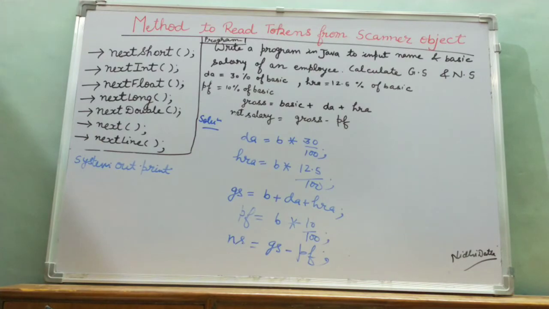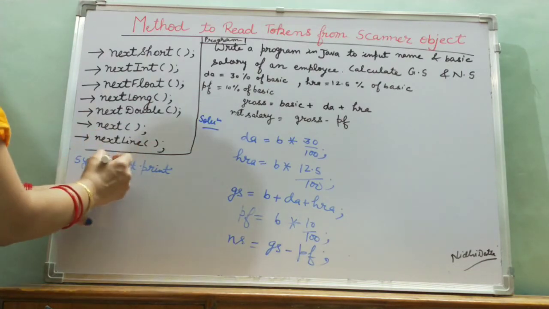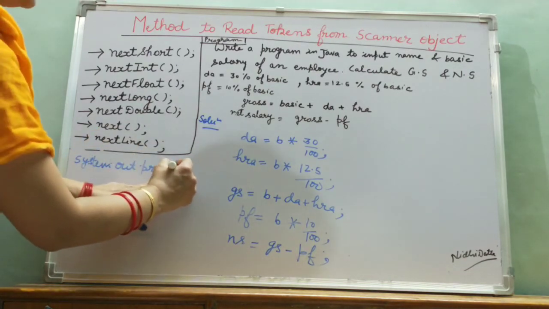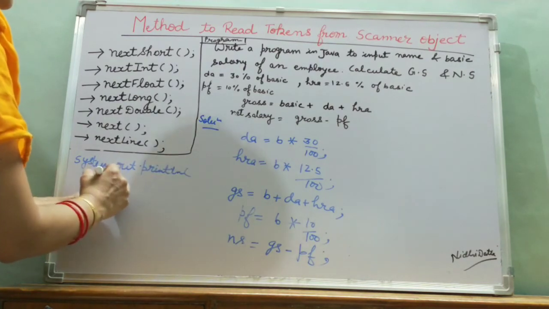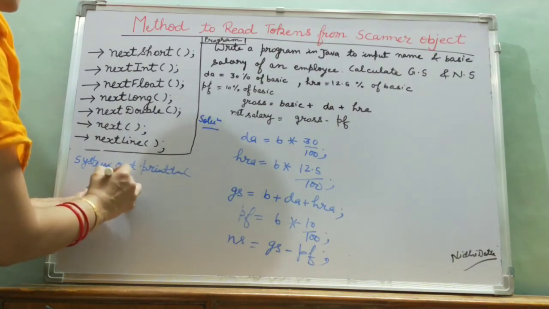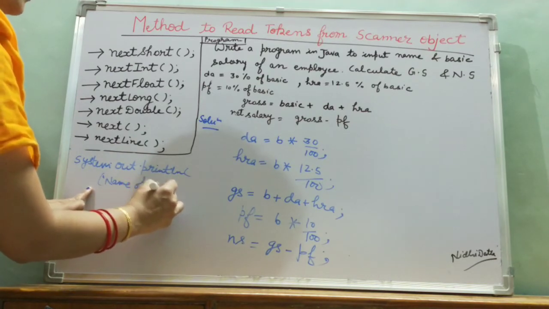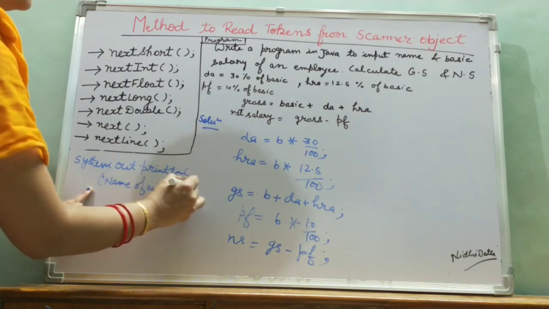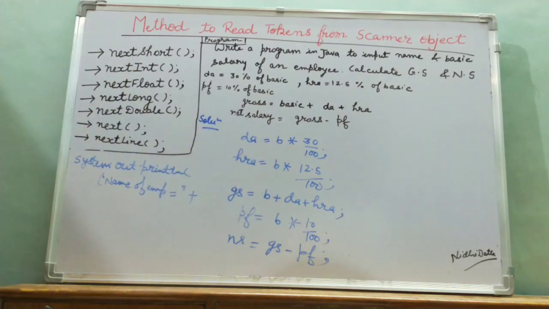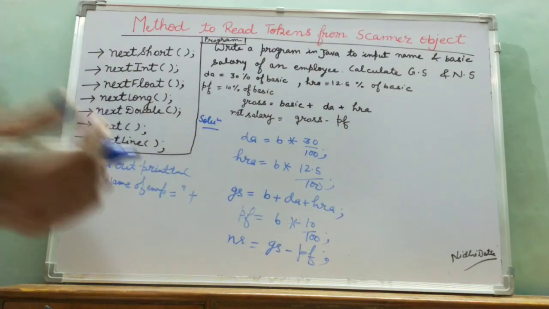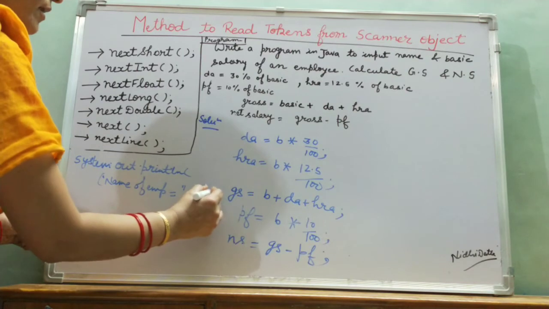Then use ln for different line output. System.out.println, then name of employee within double quotes, name of employee is equal to, then plus name of employee, stored in which variable? N. Then write down here N.